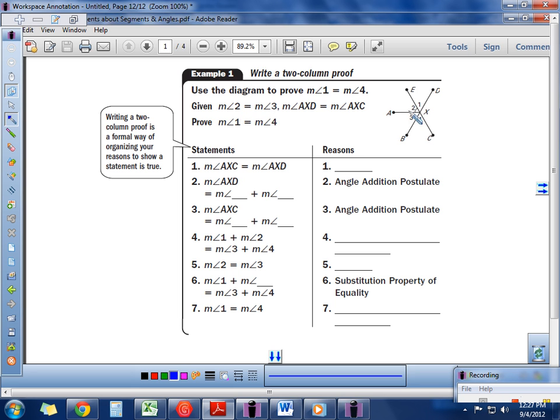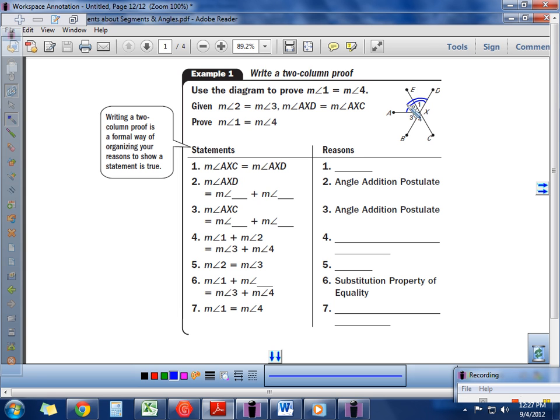Do they have marks on angle 2 and 3? Yes, we do. The next part, measure of AXD equals measure of angle AXC. So AXD and AXC. Do they have marks on those big angles? No, they don't. So we got to add our own marks.